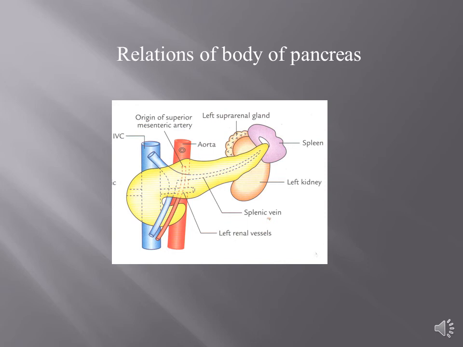Anterior surface relations are not shown here, but posteriorly we can see how the splenic vein is running, and then we have the aorta. Posteriorly, the left kidney can be seen, the left suprarenal gland, and the splenic vein as we have discussed. For the inferior surface, we have already seen the duodenum and duodenojejunal flexure. We can also see the tuber omentale here, a projection from the superior border.